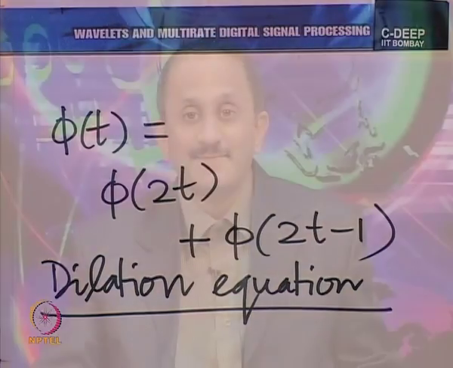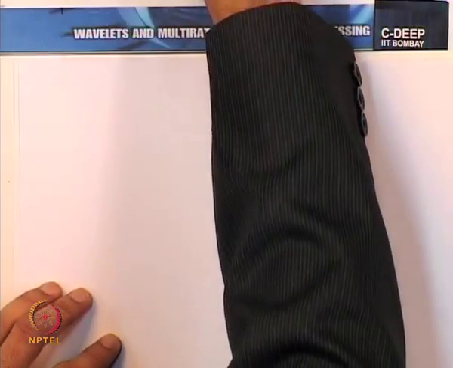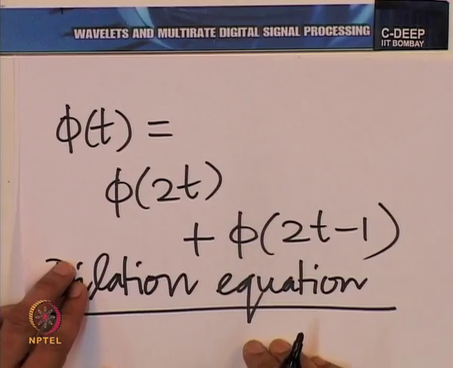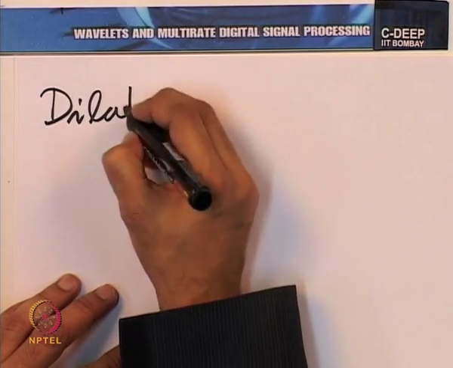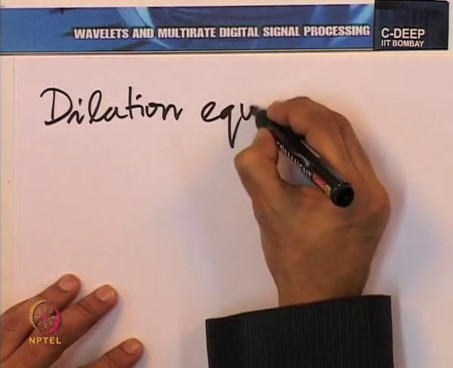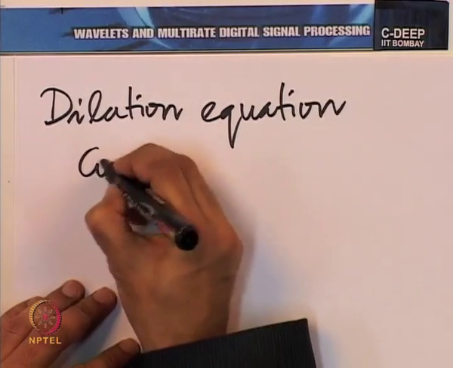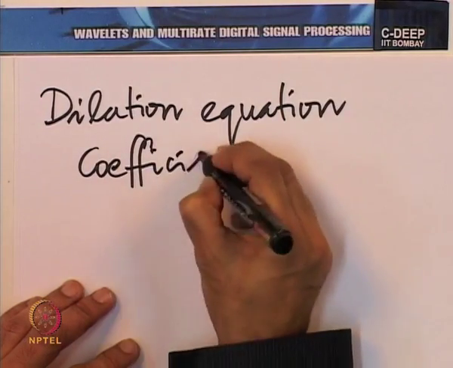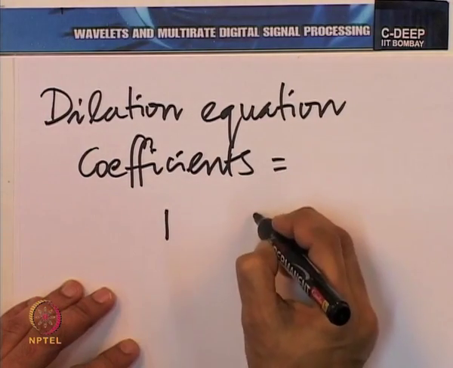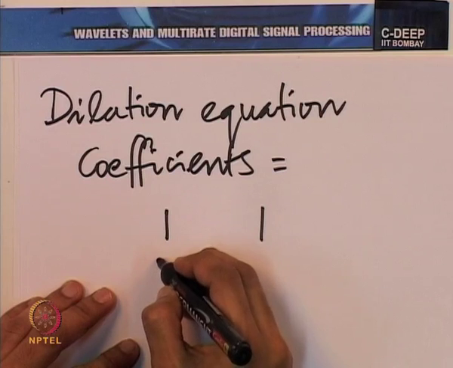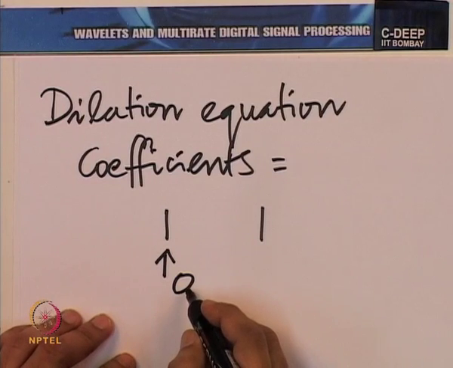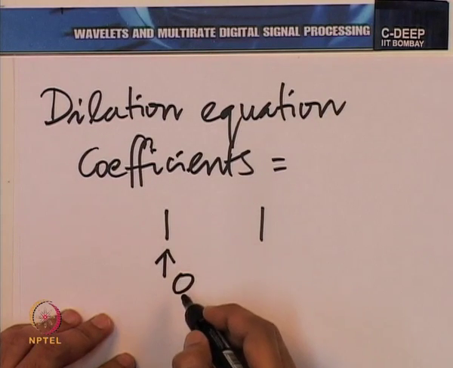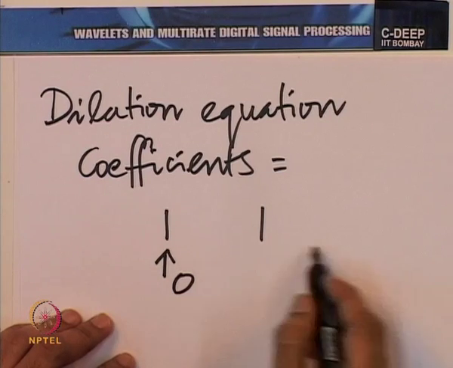Now, let us look at the coefficients in that dilation equation. So, let me put the dilation equation before you once again. The coefficients are 1 and 1. Let me call this a sequence, which is 1 at n equal to 0 and then 1 subsequently as shown at n equal to 1.